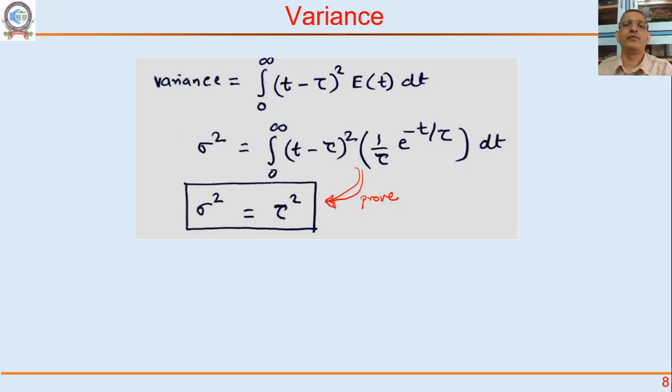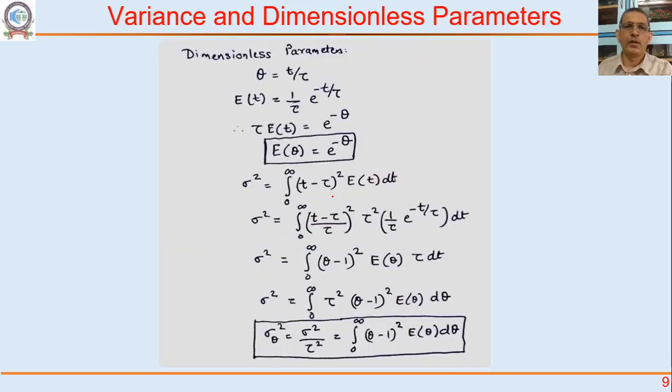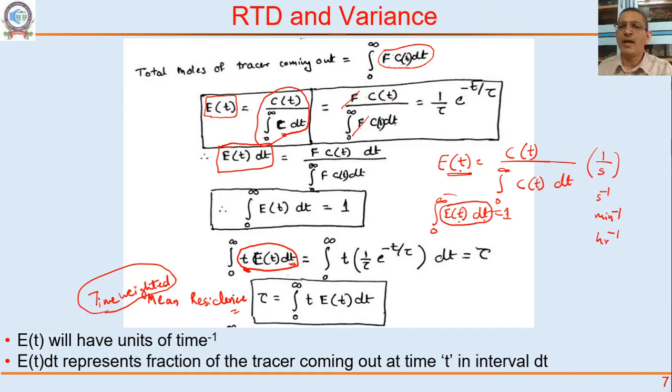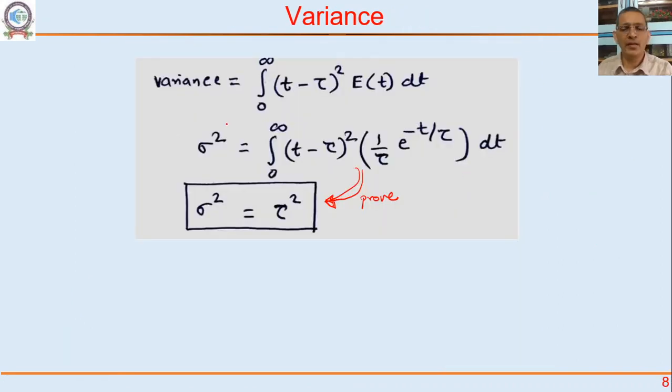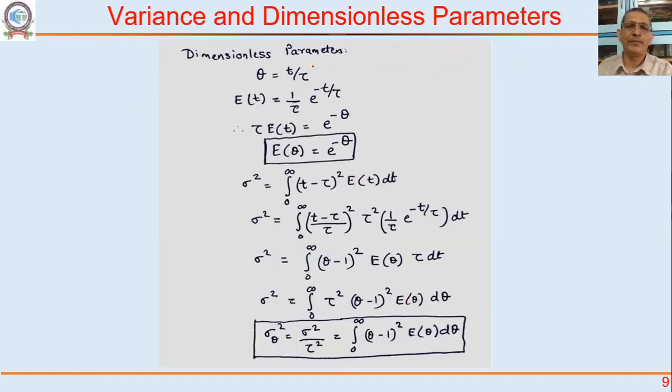Why we require variance. We could write this in terms of actual time domain, but we could also write it in terms of dimensionless numbers. Why? Because then we can do it for any other reactor as well. So we define a dimensionless time, theta, which is t by tau.